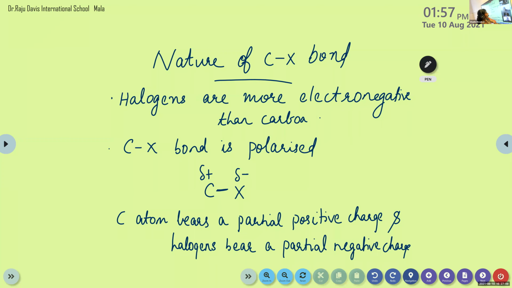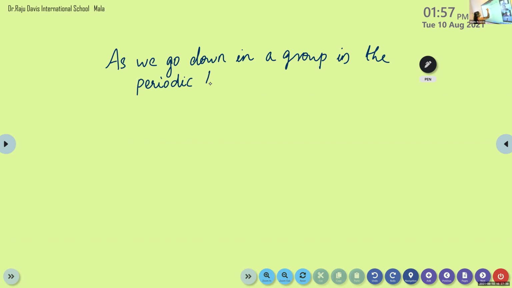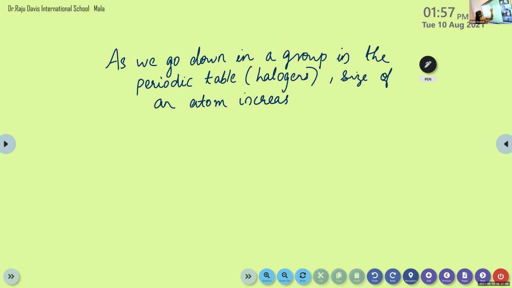Have you completed this one? Yes, okay. Then we write: as we go down a group in the periodic table, here in the case of halogens, the size of an atom increases.